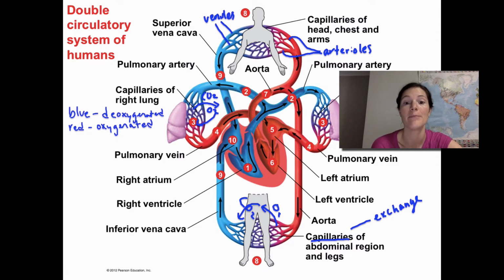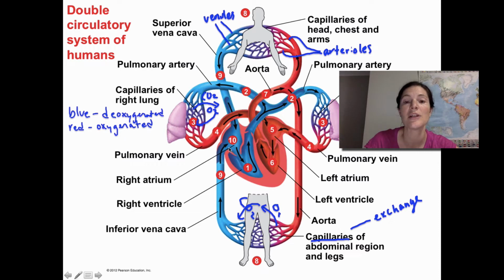I always say that near every cell, you have to have a capillary. So these are going to break into, I don't know the number, but potentially thousands of capillaries. And in the capillaries, that oxygen is going to be dropped off and CO2 is going to be picked up, and we're going to look at that in a second.